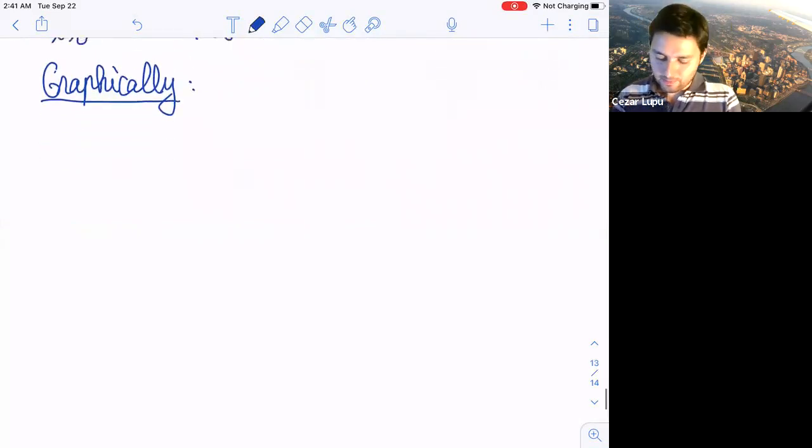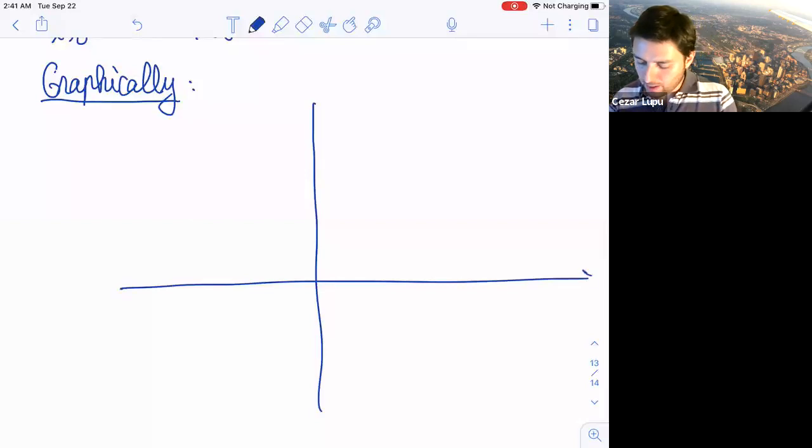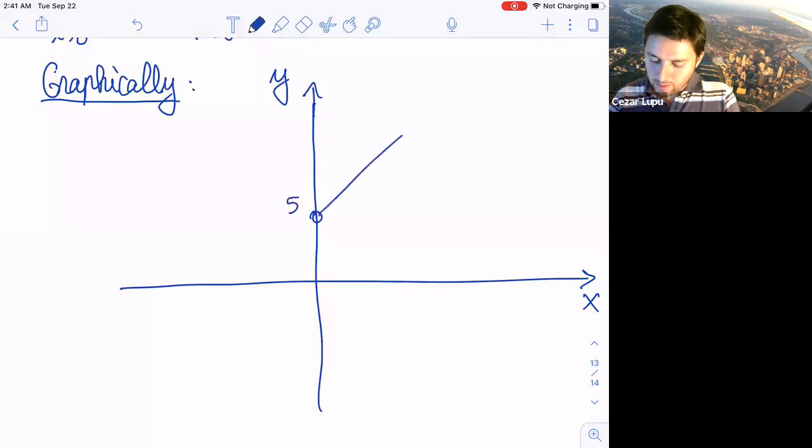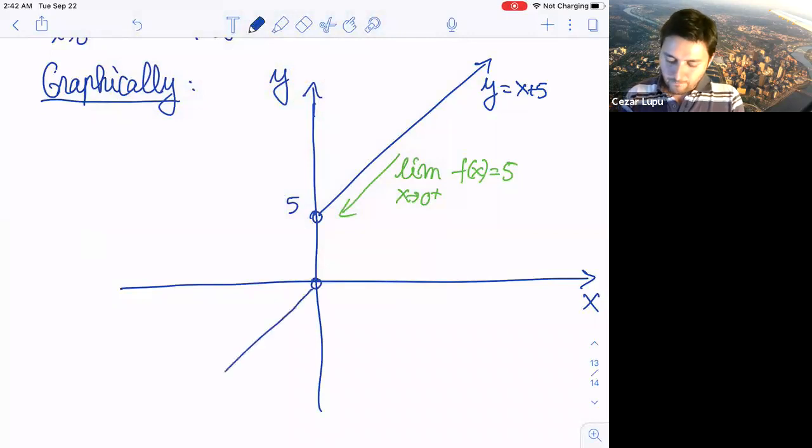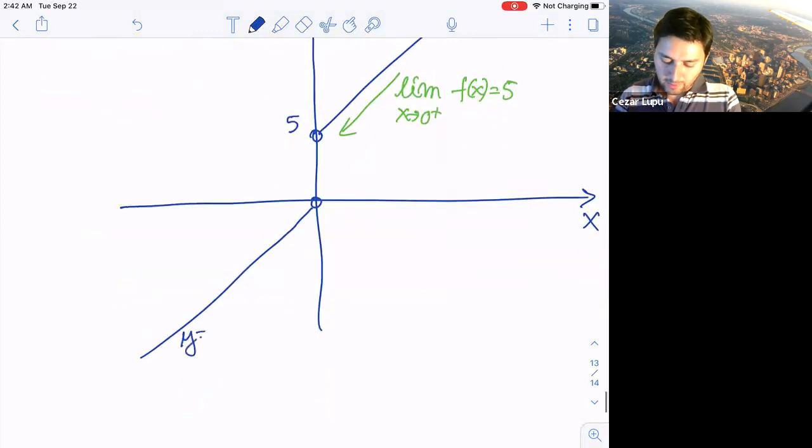Let's interpret this graphically. Again, let's draw a picture. So we have here the axes, right? And here I have this 5. Here I go like this. This will be the graph of y equals x plus 5. As you can see here, the limit as x approaches 0 from the right of f of x is 5. And now we will have that this is the graph of y equals x, right?